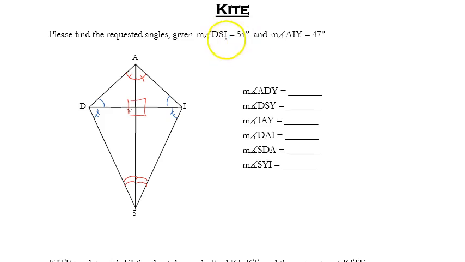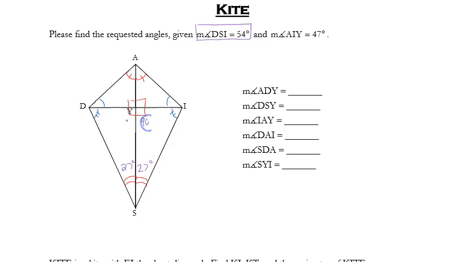So when I give you that the measure of angle DSI is 54 degrees, I start at D, I go to S, and then to I. That's this entire angle. If the entire angle is 54, and when I fold over on the long diagonal I'm cutting it in half, half of 54 is 27. These are both 27 degrees.